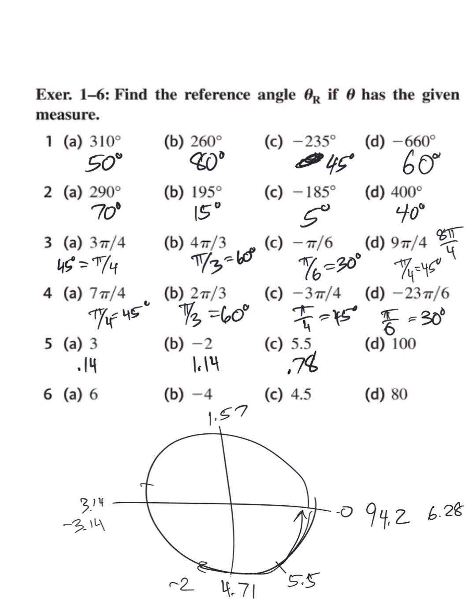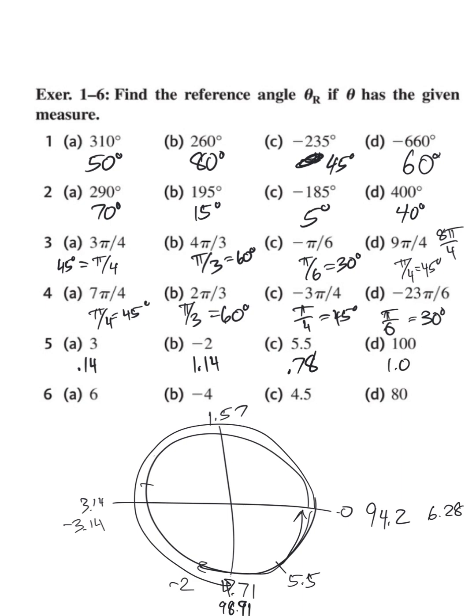So now we're trying to get to 100. If I add another 6.28 one more time around the circle, I'm past 100. So let's take 94.2 plus the 4.71. So we're going around to the 270 degree mark. That gets us to 98.91. So how much more do we have to get to 100? That would be 1.09.